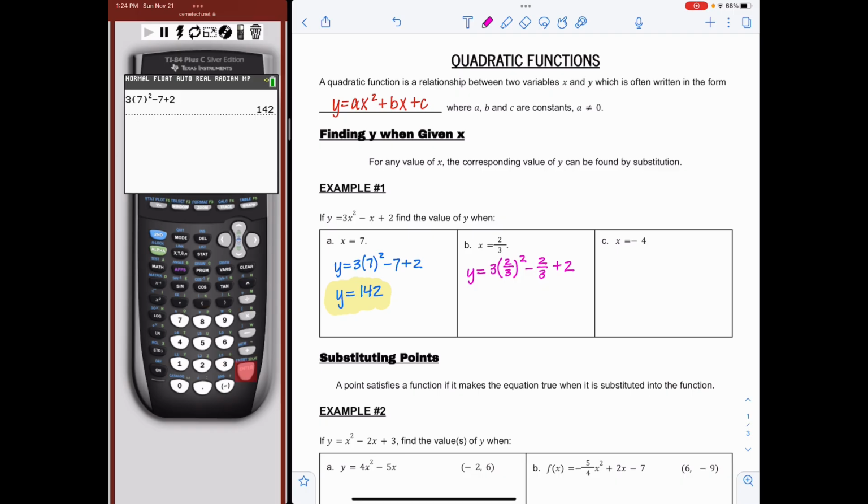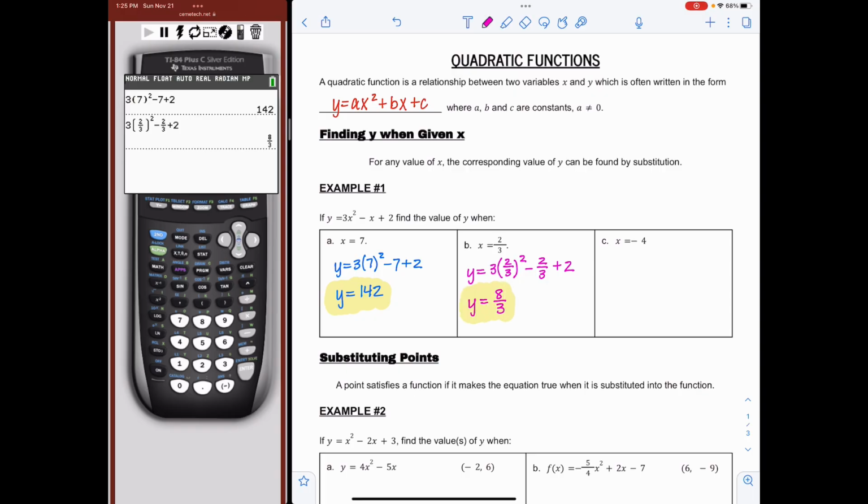When I put in a fraction, I always use alpha y equals. And once I have typed that in, I will press enter and I will end up getting that y is equal to 8/3.